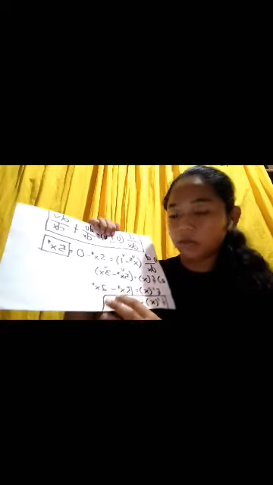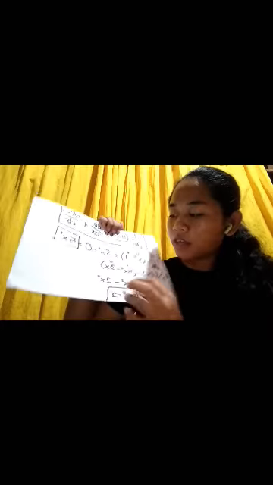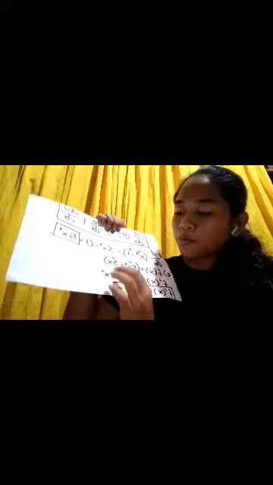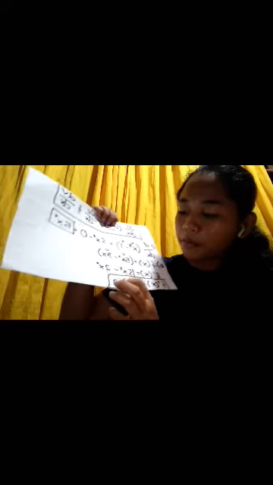I-copy lang natin yung sign which is minus. Then, yung derivative ng v natin is 2x raised to the power of 0. So, since 0 siya, 0 is equivalent to 1. So, papalitan na natin siya. So, magiging f prime of x equals to 15x squared minus 2. So, ito yung sagot natin sa baba, guys.